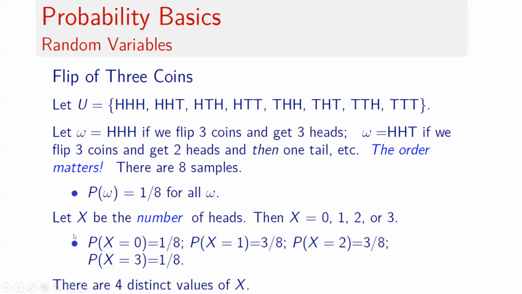So now we are working in the vector space, and when we are working in the vector space, we are working with random variables. The random variables here are the lowercase x values 0, 1, 2, and 3. So we moved from this universe to these random variables.